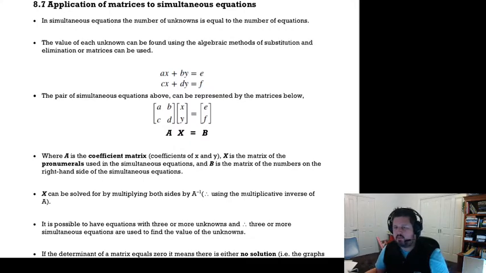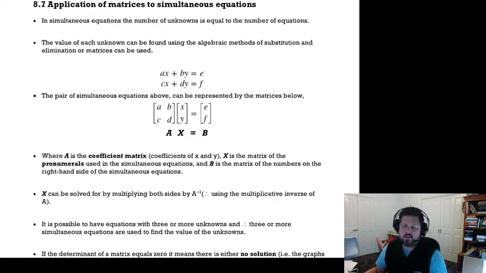Again, if you had 3 variables or 3 unknowns, you're going to have a 3 by 3 matrix here, and you'll have the 3 variables listed in this particular spot here. There'll be an extra row, and here you'll have an extra row as well.